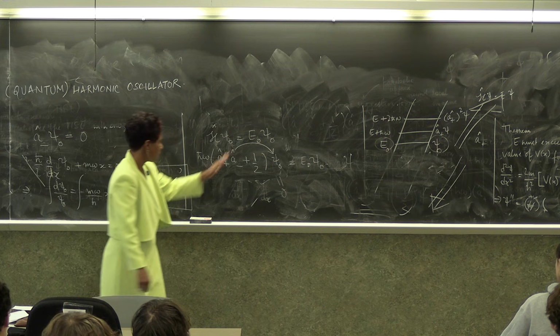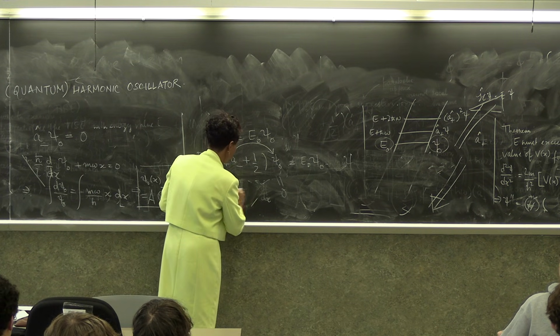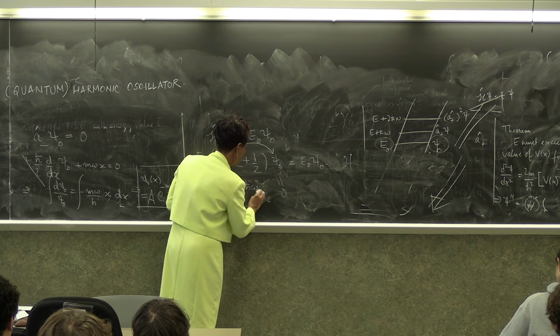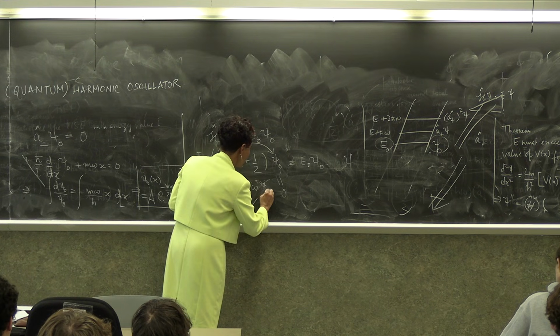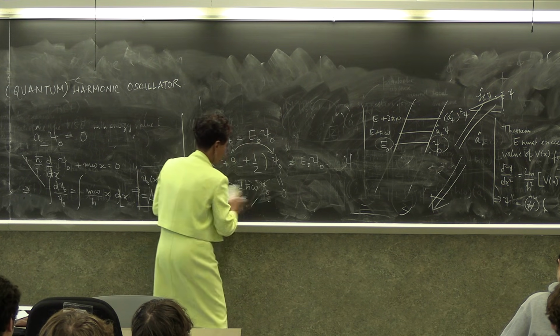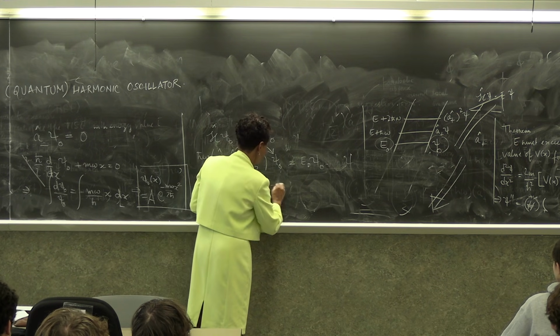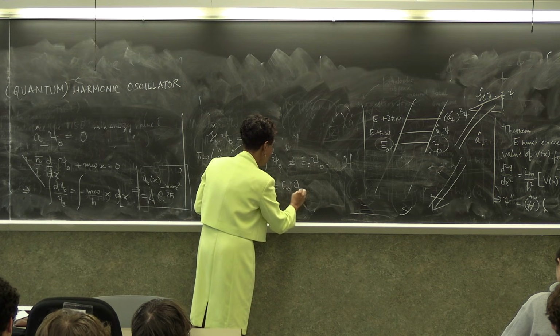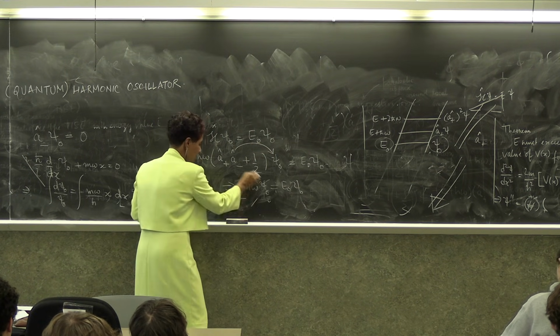Correct? So this term drops out, and you're left with h bar omega times half times psi naught equals E naught psi naught. Ta-da, you're done.